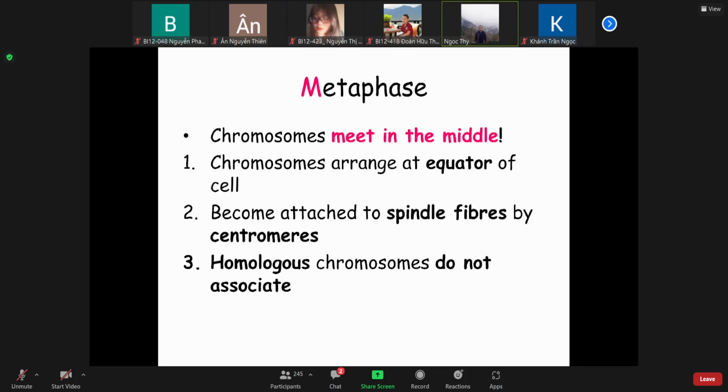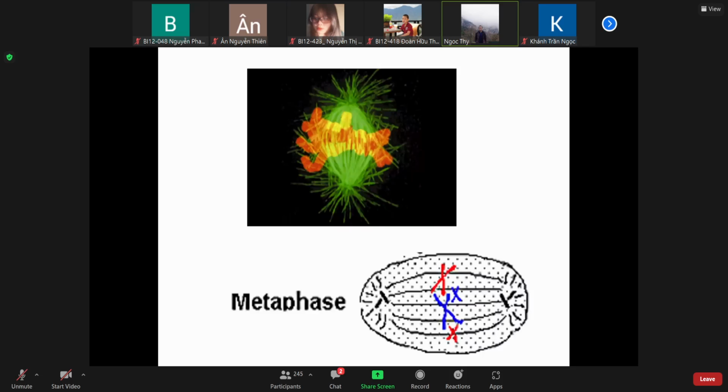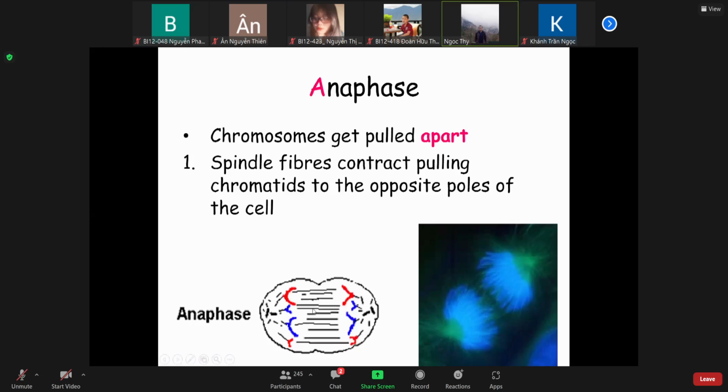Next, in metaphase, the chromosomes start to arrange in the middle of the cell. Some call this the metaphase plate, a plate at the equator of the cell. The double chromosomes gather here until anaphase, when the microtubules start to separate the double chromosomes and pull each part of each chromosome to one side of the cell.